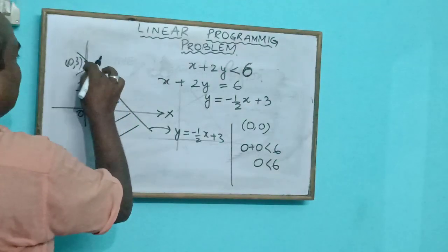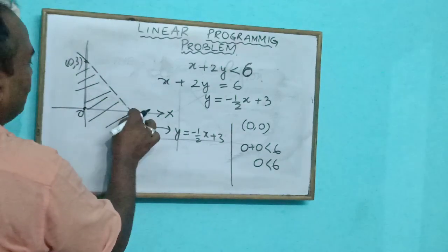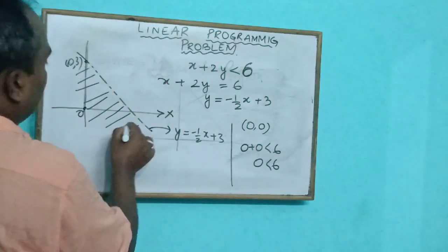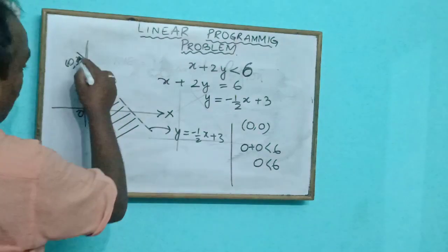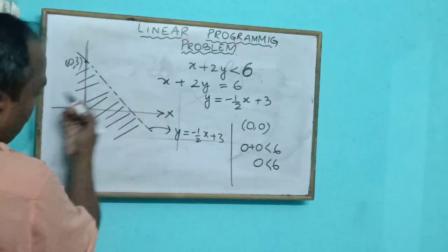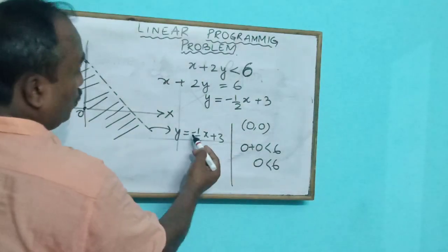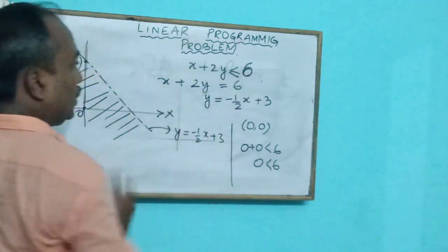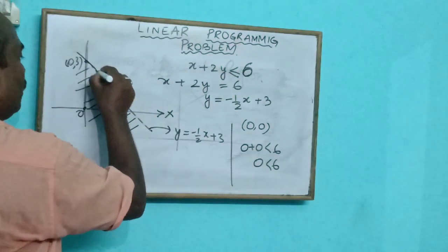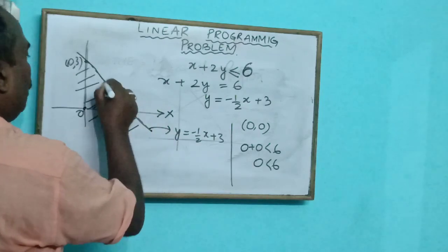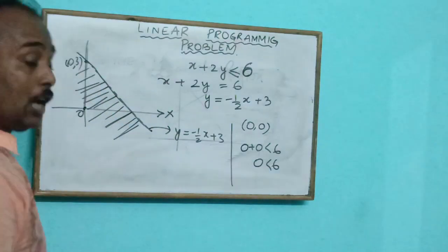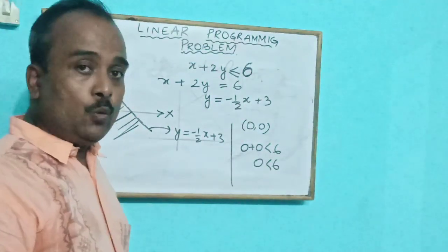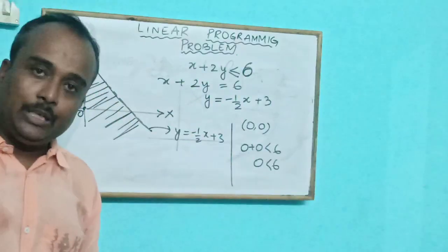But we don't touch the line, so we give a dotted line, which shows that all the points x, y which are below the line y is equal to minus half x plus 3, but not on the line. If the same inequality had an equal to sign, then we would have drawn a full line. This is how we shade the portion of x, y which satisfies a given inequality.